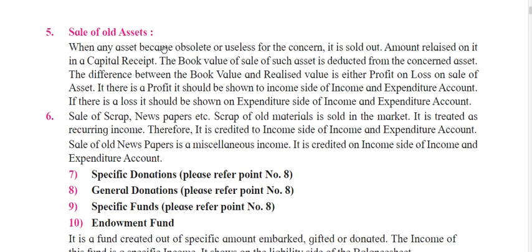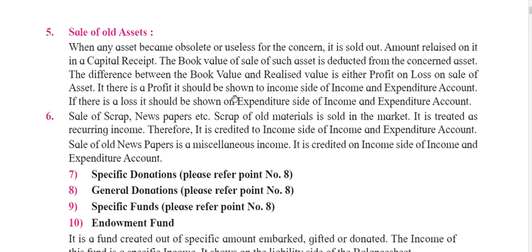When any asset becomes obsolete or useless for the concern, it is sold out. The amount realized on it is a capital receipt, and the book value of such an asset is deducted from the concerned asset. The difference between the book value and the realized value is either profit or loss on sale of asset.